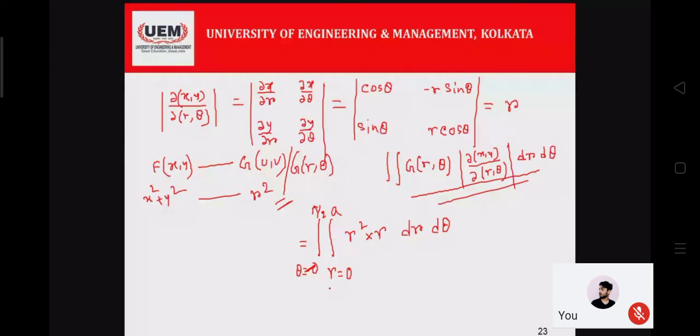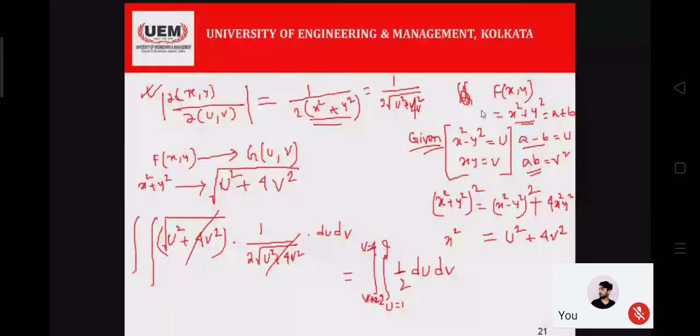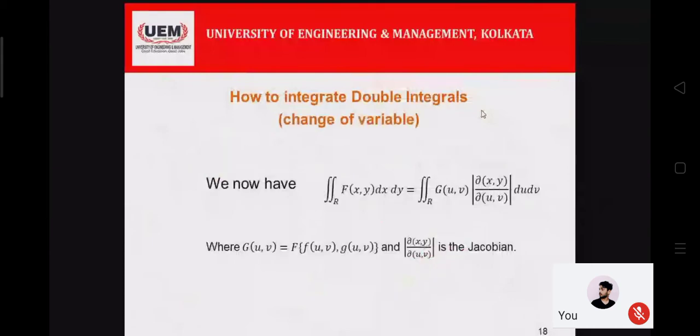Ma'am, please repeat that last step. Which step? When the Jacobian formula was put in. So you have calculated the Jacobian. Again, I'm going back to the formula slide, watch it. This one, watch the new formula.